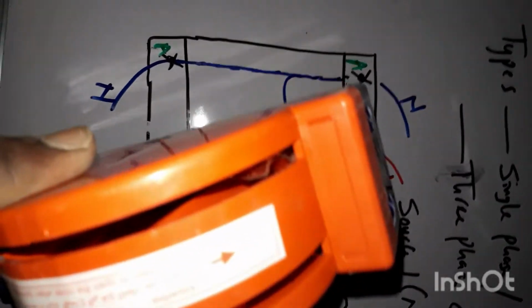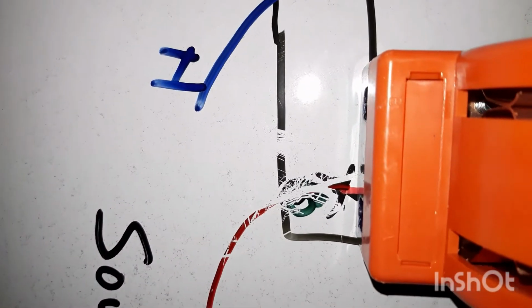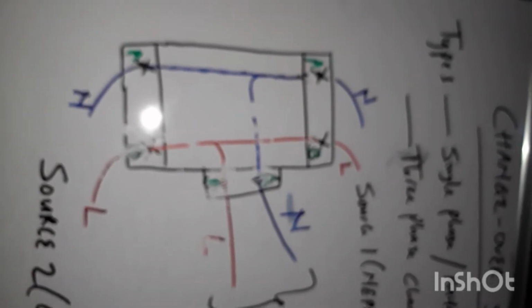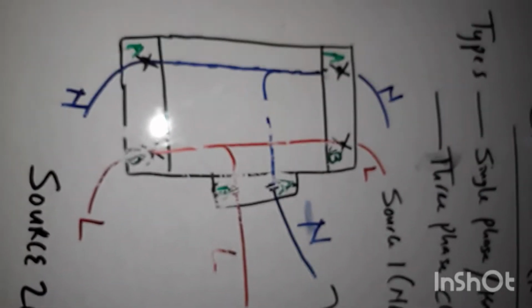As you can see from the changeover, they usually label the terminals as A and B. If you check the other side also, they label it as B and A. If you check the output terminal also, they label it as A and B. I don't know if you'll be able to see it very clearly, but that's how it looks. If you have one around you, you can move close to it and check just to confirm.